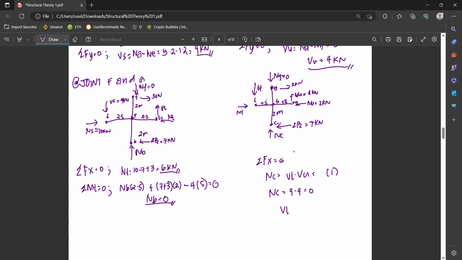So your Vt is equal to Vs plus Nf minus Nv. Since they are both 0, your Vt is equal to your Vs. So your Vs mo is 4 kilonewton. So your Vt is 4 kilonewton. Ayan. Vt mo ay 4 kilonewton.